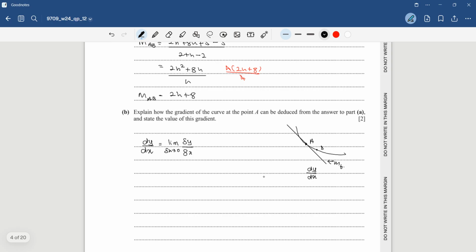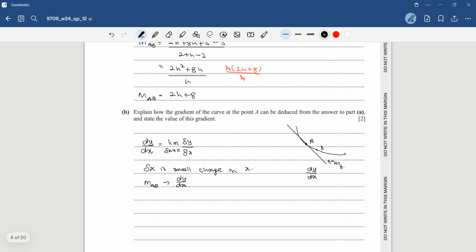We often use h also, where my del x is a small change in x. It means when your change in x is approximately 0, then we can find our dy over dx. So similarly here, the gradient of MAB represents my dy over dx, correct?